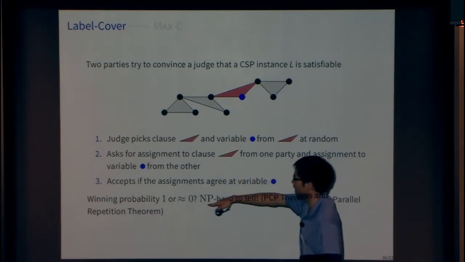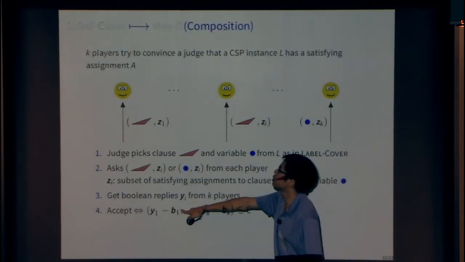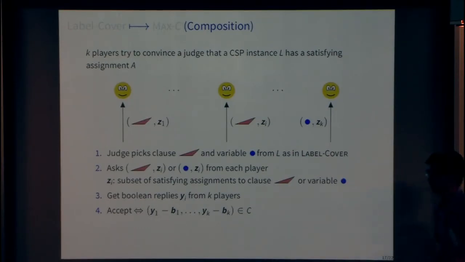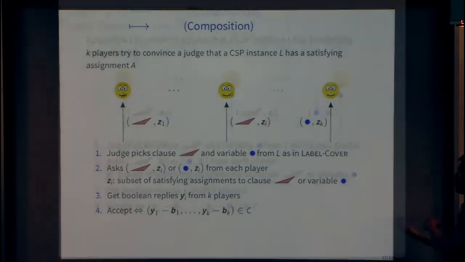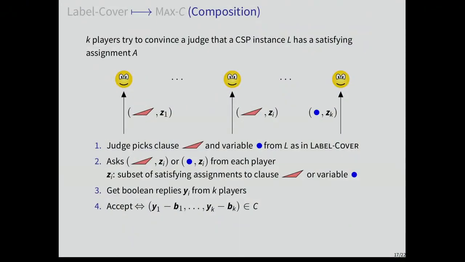And we are going to take advantage of this gap to transform it into a huge hardness gap in our CSP instance. And we would transform this game in a composition step that was, I think, pioneered by Håstad. So we want to transform a label cover game into a K-player game.